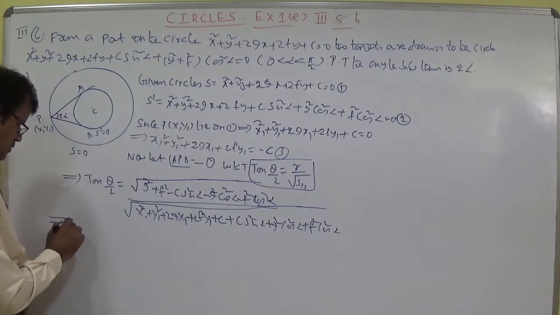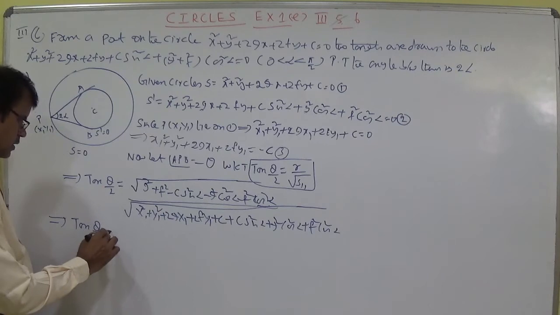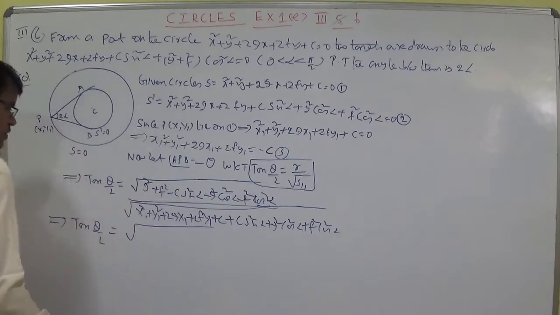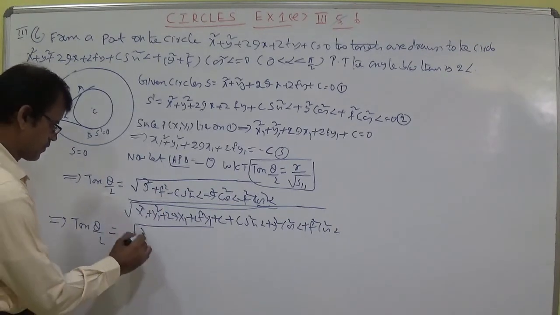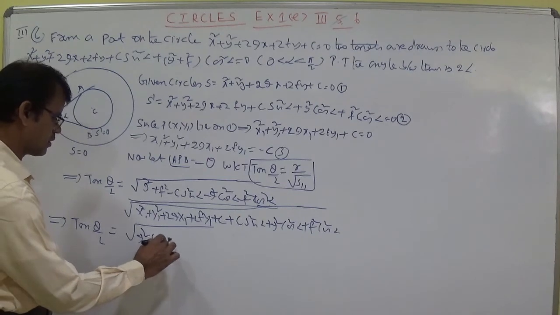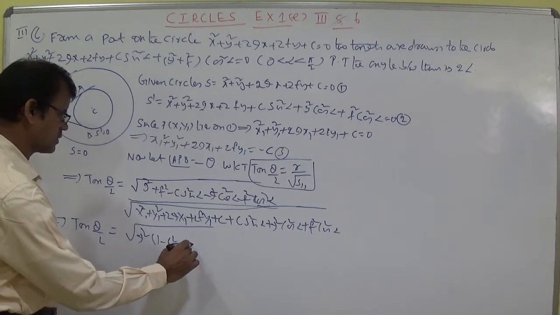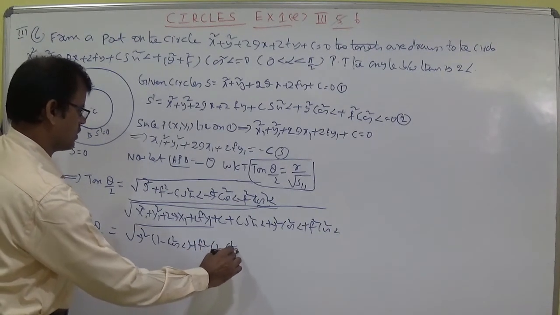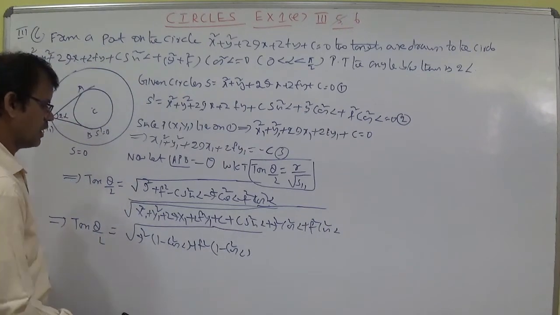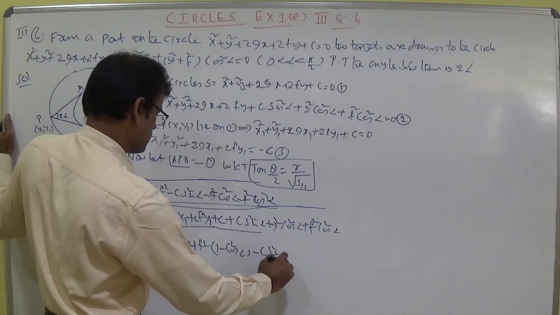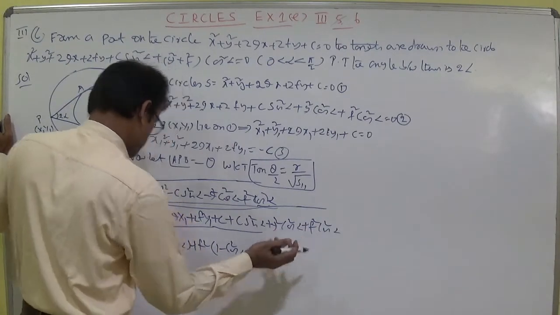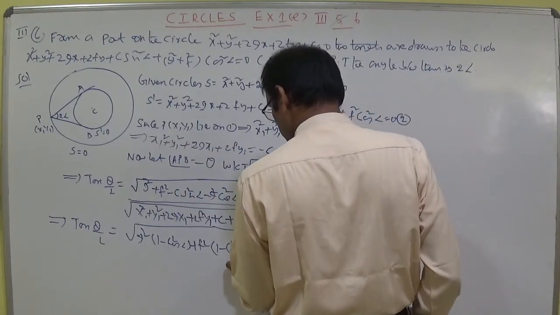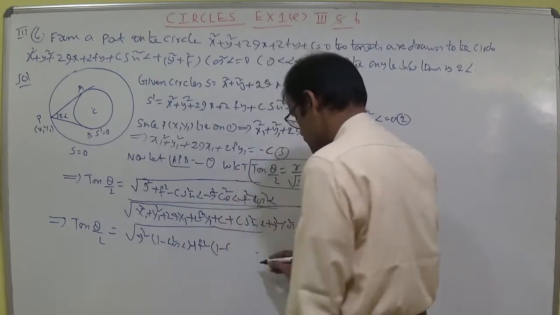That implies tan theta by 2 is equal to root of, we can take g square common: g square into 1 minus cos square alpha, plus f square taken common, 1 minus cos square alpha, minus c sin square alpha. G square taken common 1 minus cos square alpha, and f square taken common, this is also 1 minus cos square alpha.